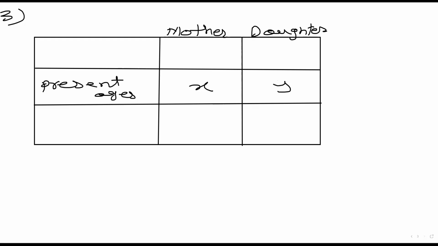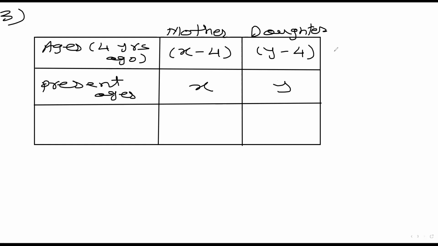So, what is the condition? What is the question? 4 years ago. So, ages 4 years before the present. What will be mother's age 4 years ago? X minus 4. Correct. And what will be daughter's age 4 years ago? Y minus 4.